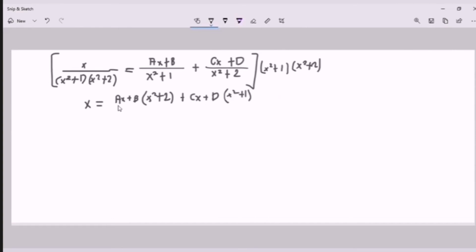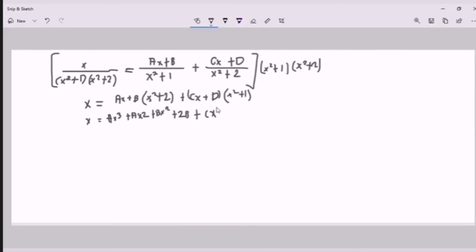So let us use the long method. Multiply ax plus b times the quantity of x squared plus 2. Same goes with cx plus d multiplied to x squared plus 1. So that gives us ax cubed plus 2ax plus bx squared plus 2b plus cx cubed. So multiply also this one.